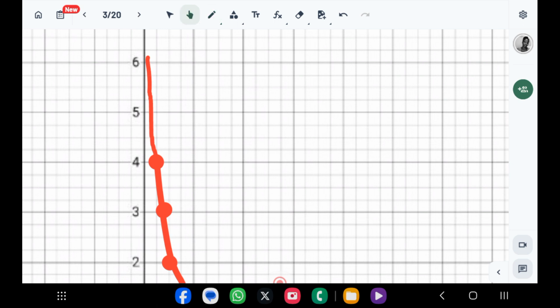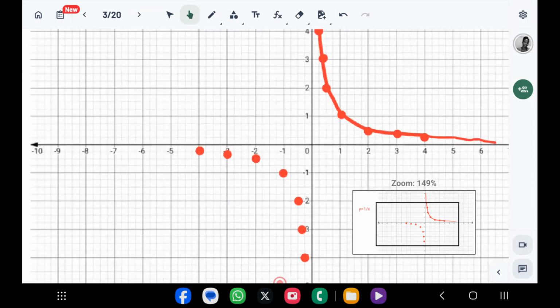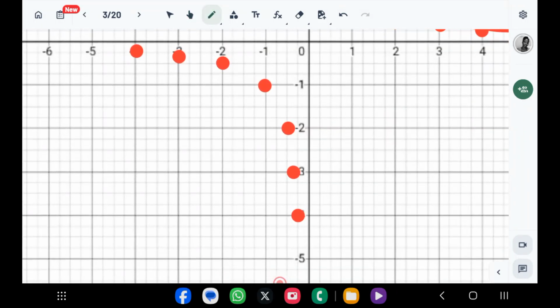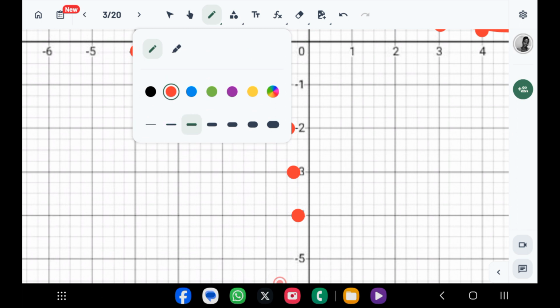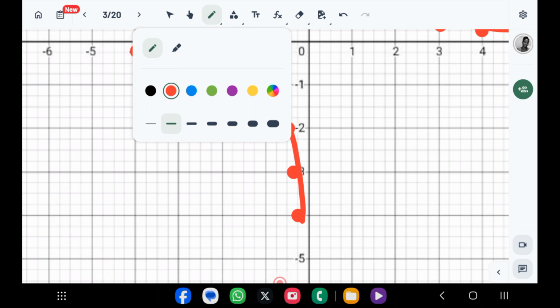That's a better one. Same story on the other side. Let's join the points together. Now that the points are joined, let's draw the tails.